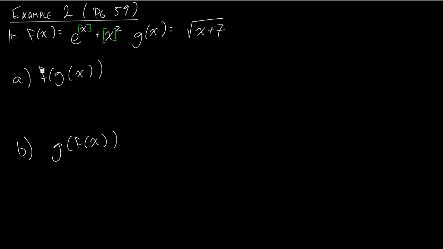So if I want to figure out what f of something is, well, I have to do e to whatever that input is, and then I have to add whatever that input is and square it, right?